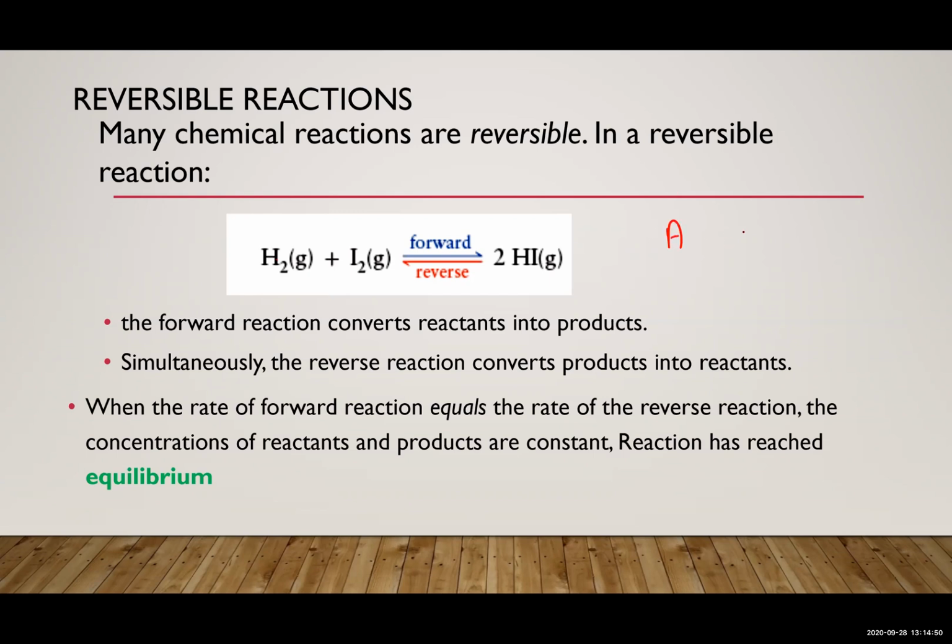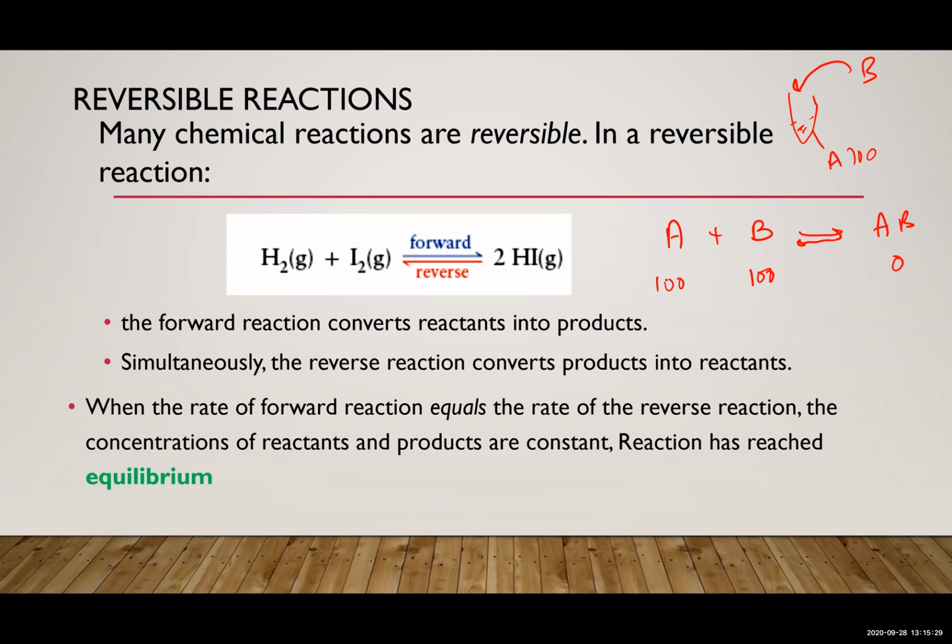Let's say A plus B gives me AB, and then AB breaks down to give me A plus B. In the beginning, let's say you have in a test tube 100 of A, and then you mix B into it, and this reaction starts. So imagine we start with 100 A and 100 of B in the beginning. In the beginning, do we have any AB? No. So AB is 0 in the beginning.